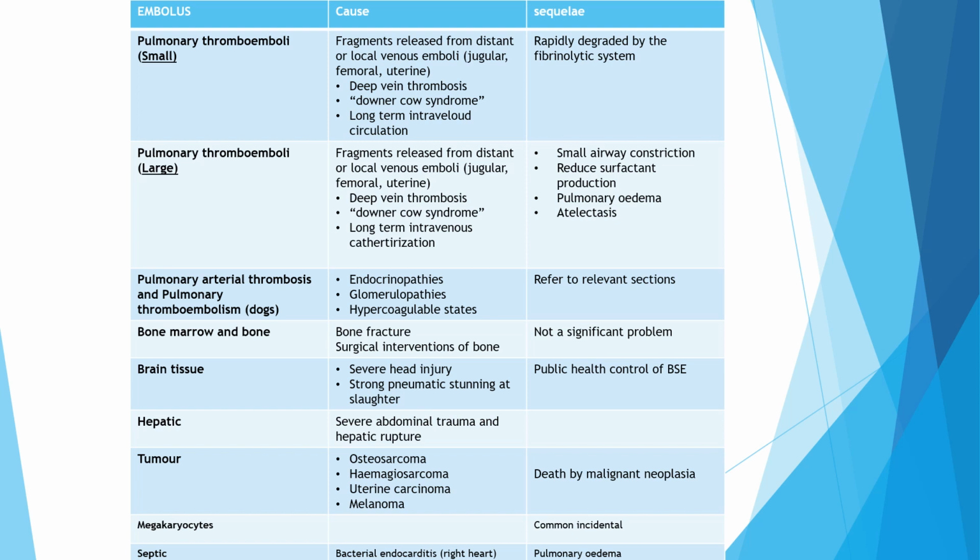As the blood was flowing through, it carried on with the blood flow through circulation, and then ended up getting stuck in one of the smaller capillaries in the pulmonary blood vessels, which is quite cool. And it just goes to show the different types of emboli and basically gives an overall understanding of what we mean by emboli.